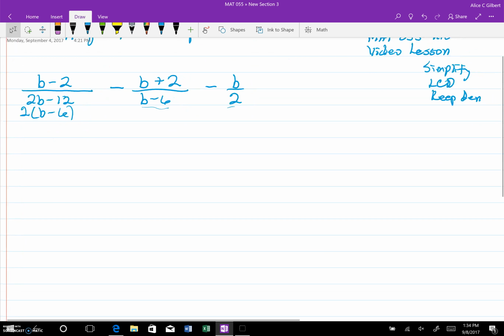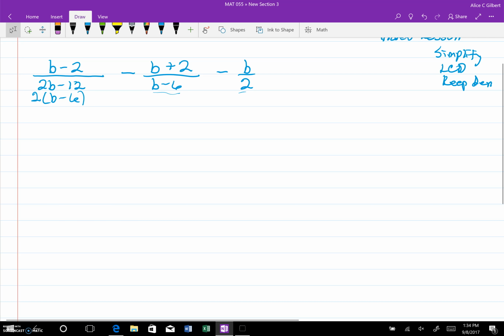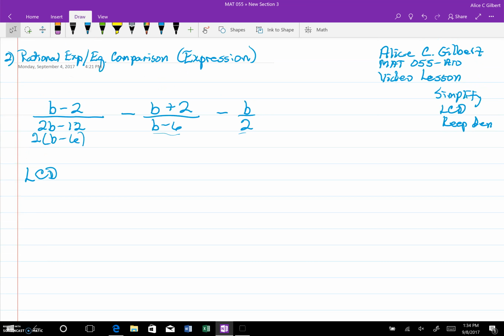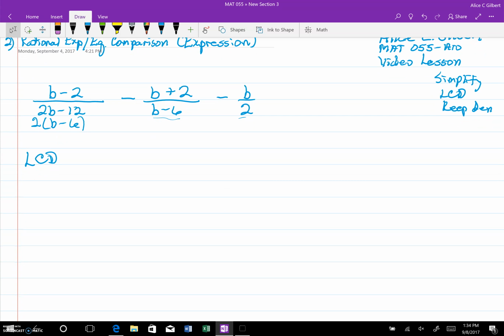Okay, so now the next thing I need to do is build my LCD. For an expression, remember, it's always an LCD, meaning we're going to keep the denominator. So remember, this is like building a building. This is our LCD or our LCM building. And I need to start with a really good foundation. So what I do is I take everything from the first one, no matter what it is or how much it is.